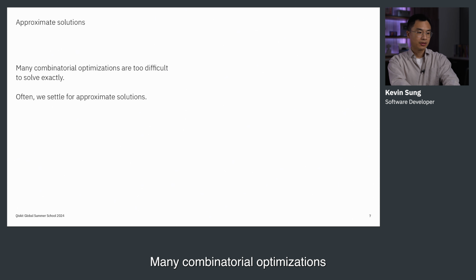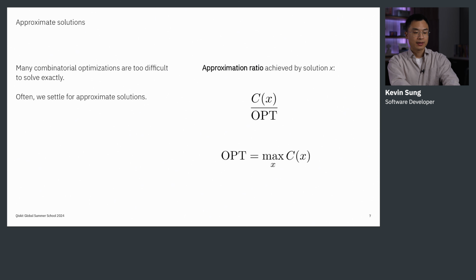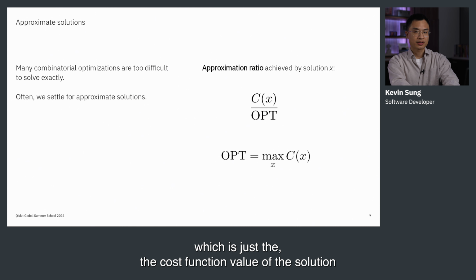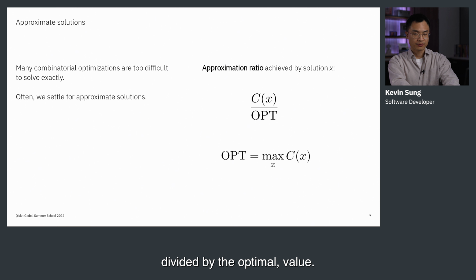Many combinatorial optimization problems are too difficult to solve exactly in practice. So often we settle for approximate solutions. The quality of an approximate solution, x, is quantified by the approximation ratio, which is just the cost function value of the solution divided by the optimal value.